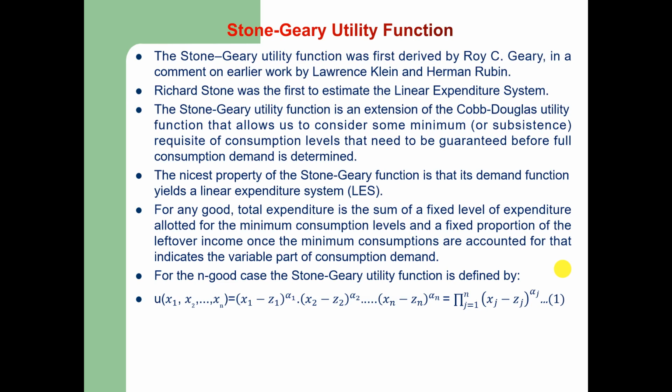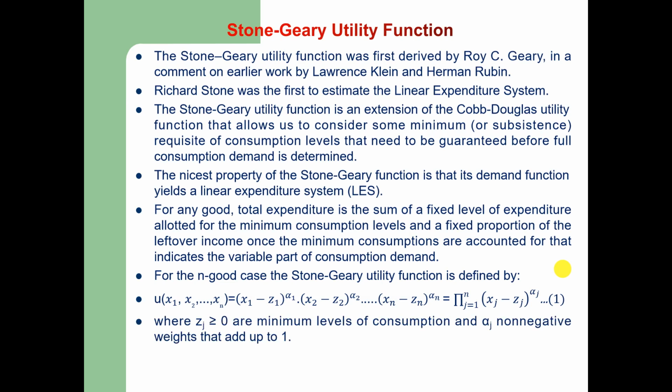So this is equation number 1, and this means that the Stone-Geary utility function is the product of (xj minus zj) raised to the power alpha j, where j varies from 1 to n.